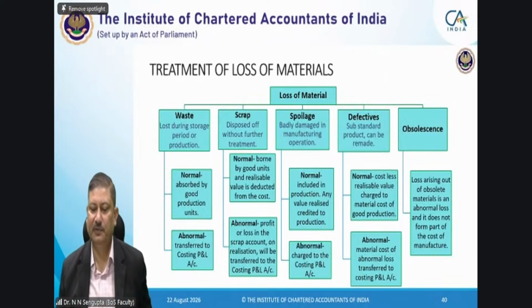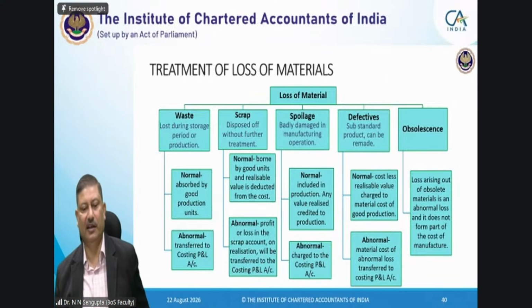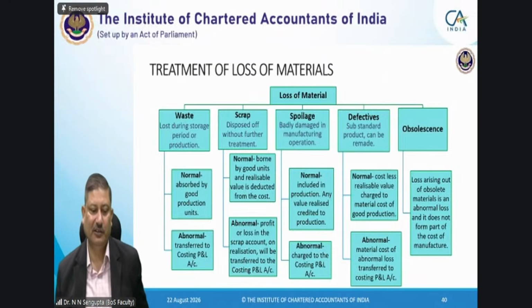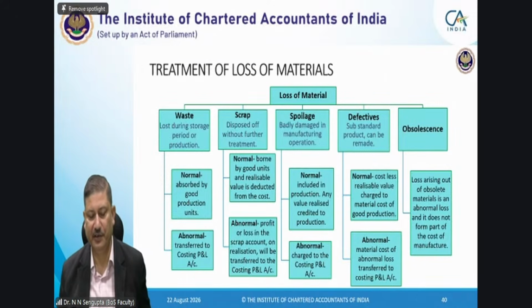From this particular unit, as I told you, another very important concept we see is the treatment of loss of material. So I told you that there are five important forms of loss of material we see. One is the waste, loss during the storage period or production period.